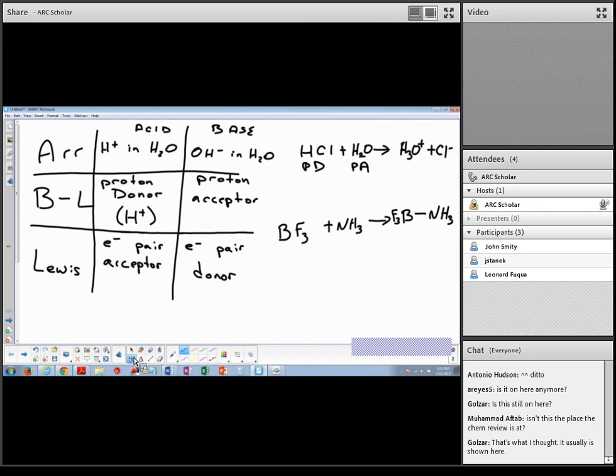So is BF3 an acid or a base? It's an acid. Because if we look at this here, nitrogen has that lone pair of electrons on ammonia, right? And what's special about boron?